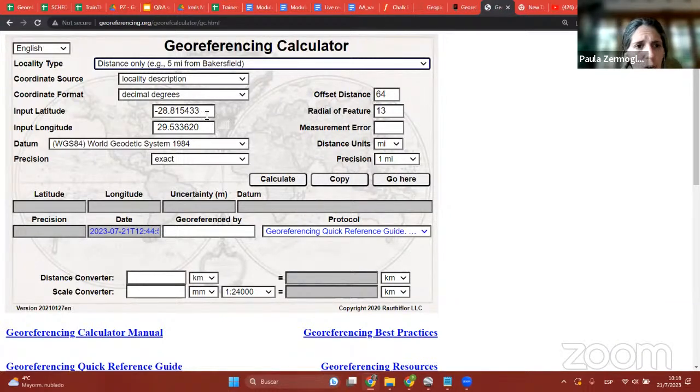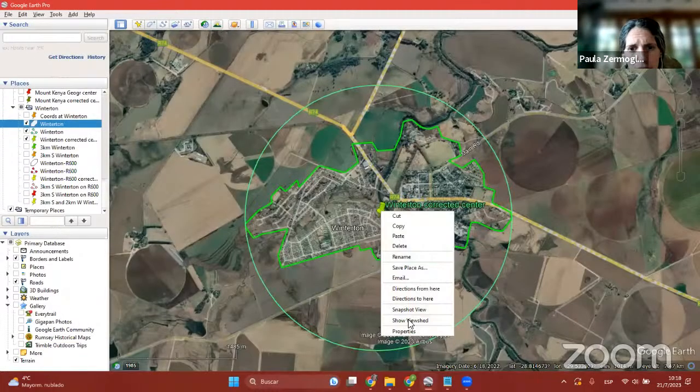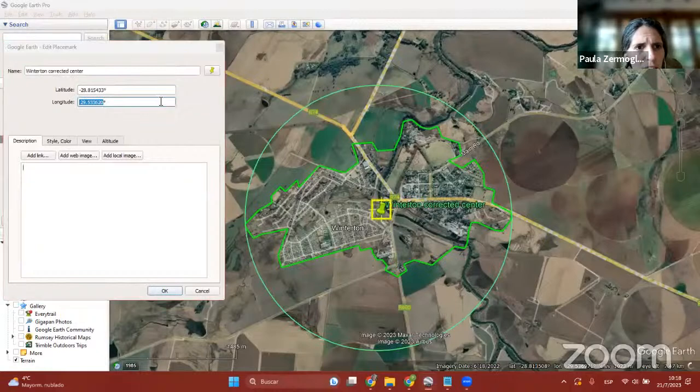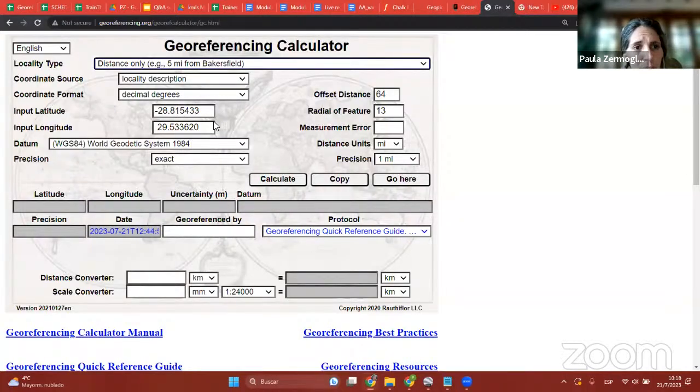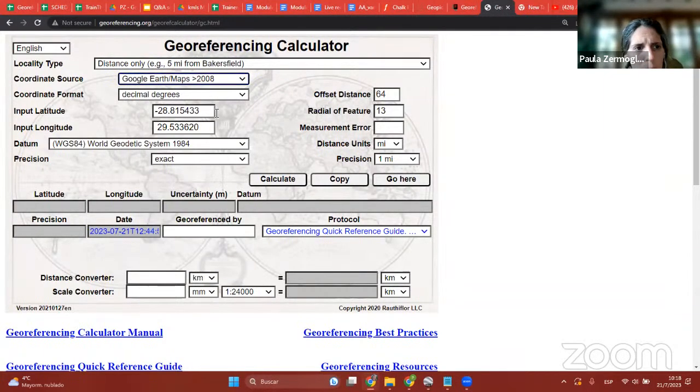So the coordinates here are the coordinates of the corrected center. So let's look at them again. Latitude and longitude, which are the ones that we already have as input here. These coordinates are coming from Google Earth, because that's how we determine the center.